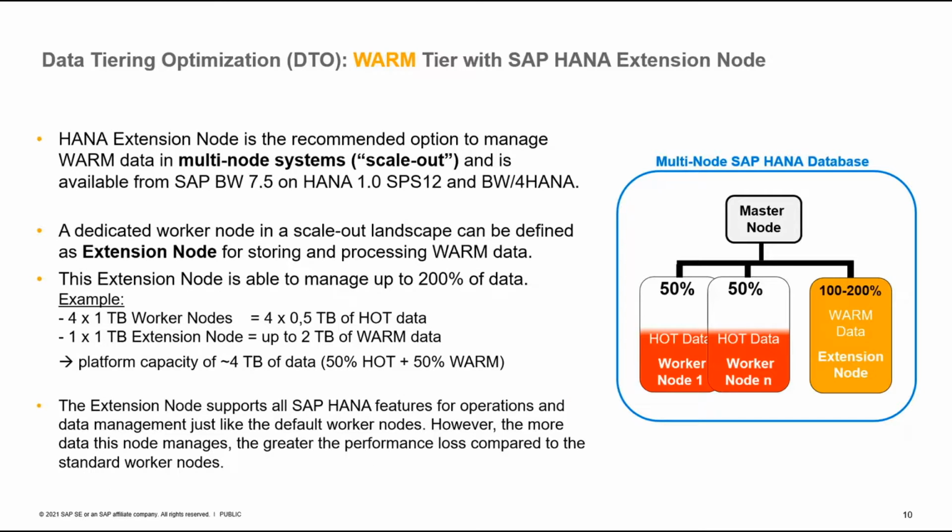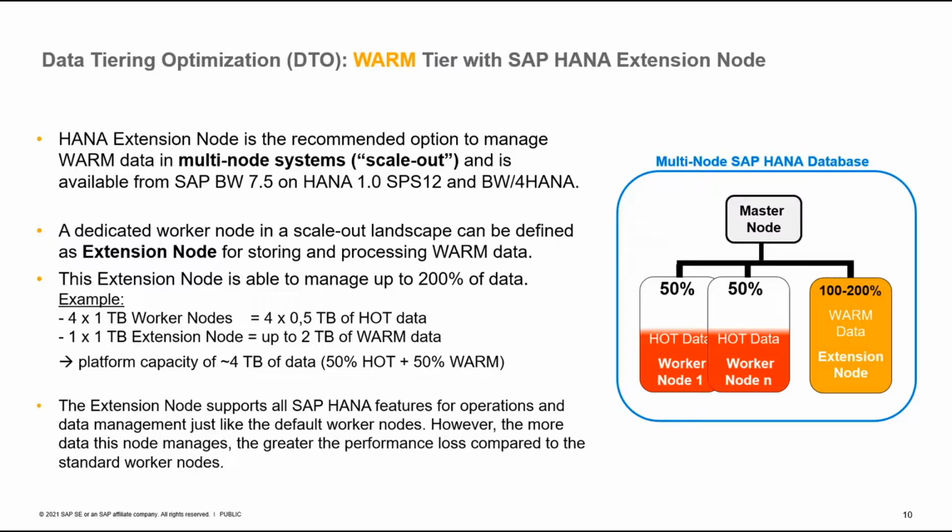The other warm option is for the so-called multi-node systems, so scale-out systems. Big organizations which started early with SAP HANA had no choice than to have scale-out landscapes where several worker nodes work together, coordinated by a master node.